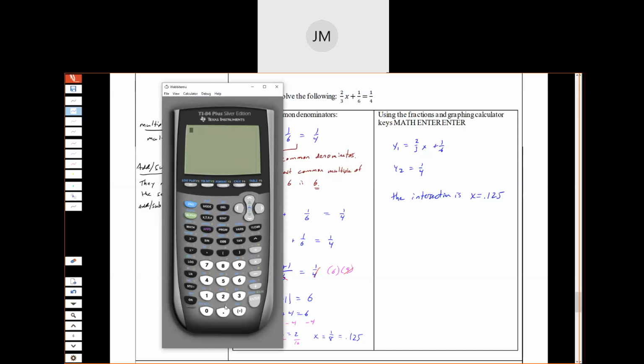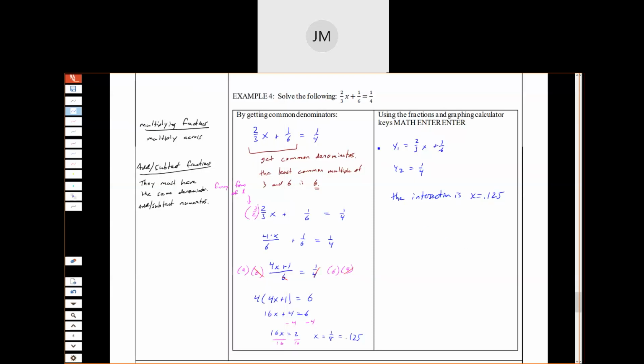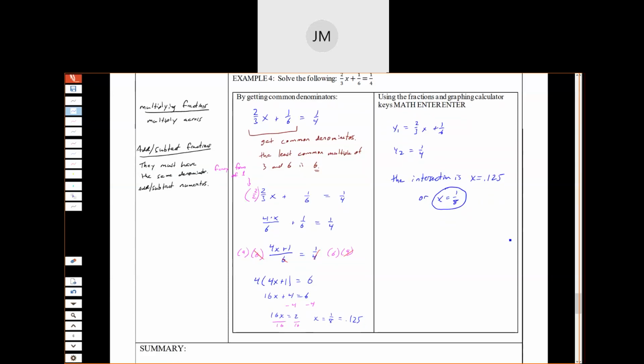Okay, so that's where I could say, all right, take 0.125 math and convert to fraction. And it says, okay, that's 1/8. So we can get this nice fraction answer, even though we used a graph to get there.